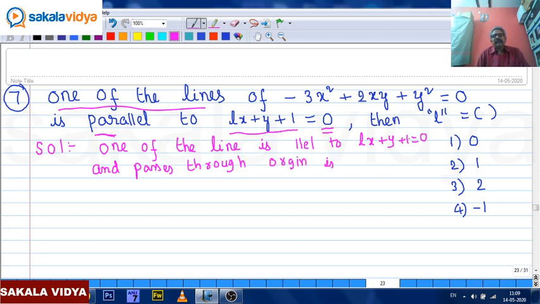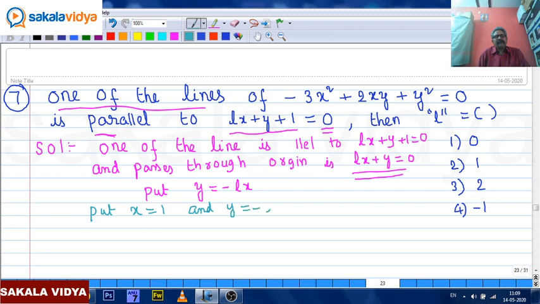Just remove the constant, that's all. Lx plus y is equal to 0. Now this is one of the lines, so y equals to minus Lx. You know the shortcut. What is the shortcut? Put x equals to 1 and y equals to minus L. So in this one we need to substitute.